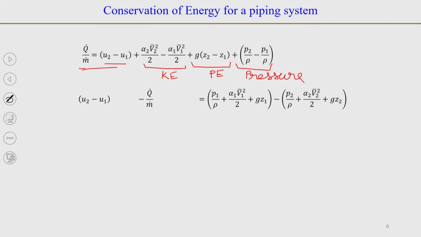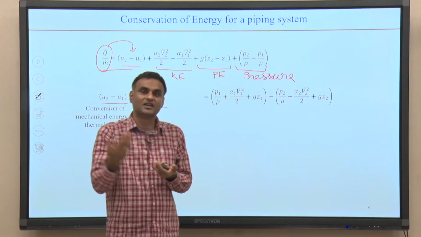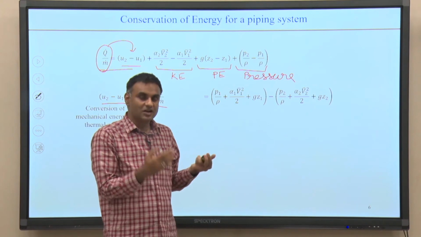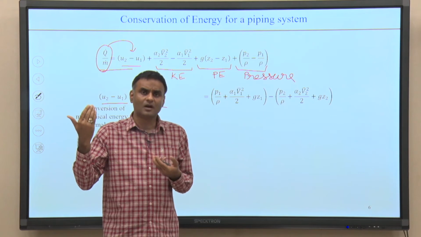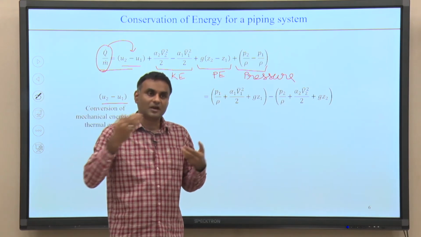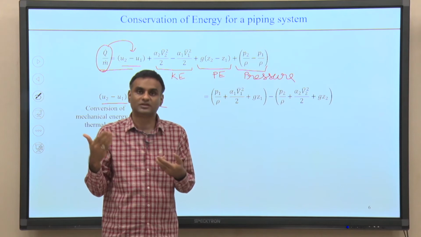So, we will rearrange this equation. We can bring q dot by m dot to this side, and all of this comes on the other side. So, we can write u2 minus u1 minus q dot by m dot. Let us look at what u2 minus u1 is: u is c into T. So, when u is increasing, you will have mechanical energy changing to thermal energy.